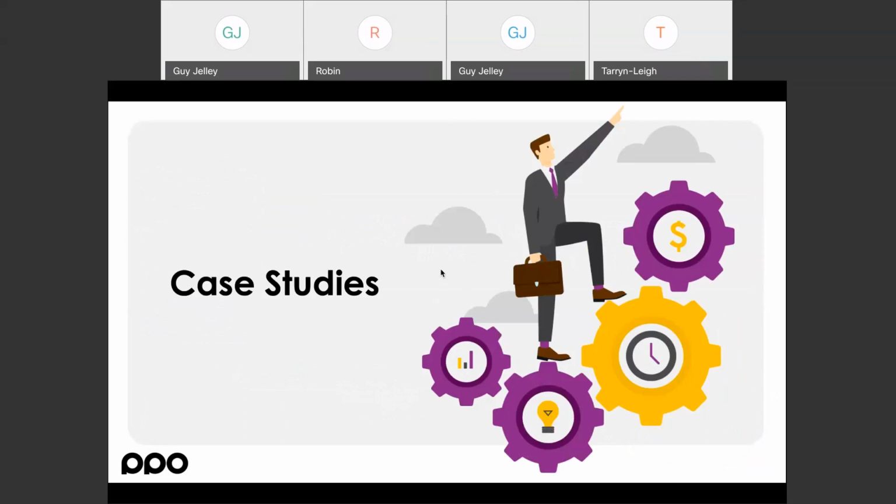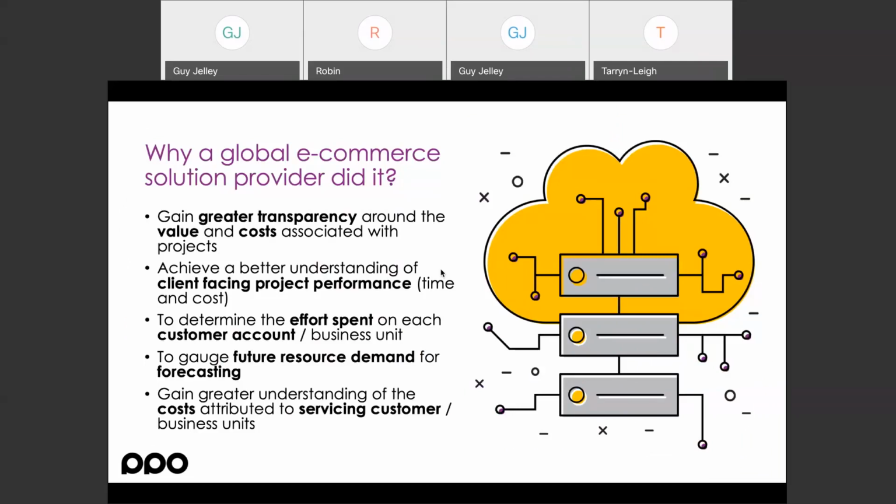From a case study point of view, I had the pleasure of working with a global e-commerce solution provider who implement their platform into some of the big Fortune 500 organizations. Really the drivers for them and what they were trying to achieve was greater transparency around the value and the cost of the project, and trying to improve client-facing project performance.